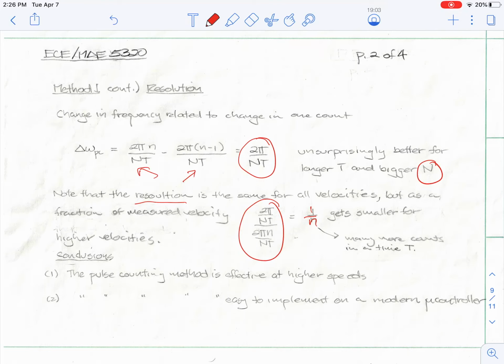So that means that in time t, if I'm going really fast, then I get a lot of counts in that window t. And if I'm going really slow, I get very few counts in that window t. And so this kind of leads us to some conclusions.